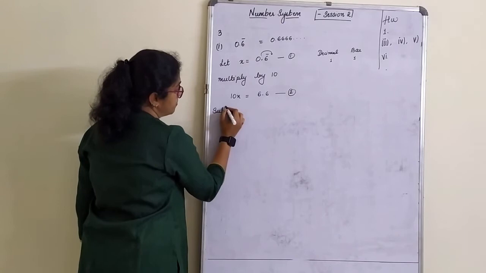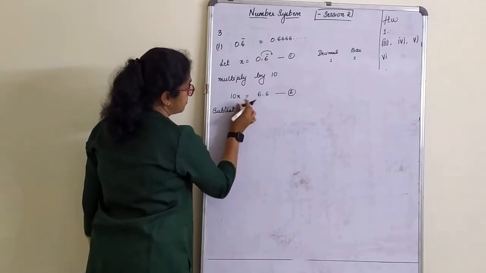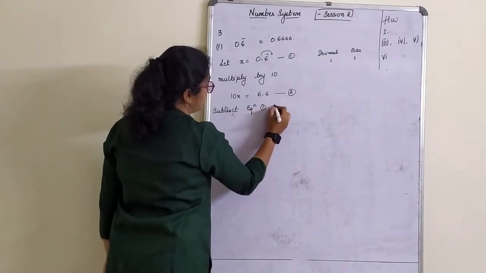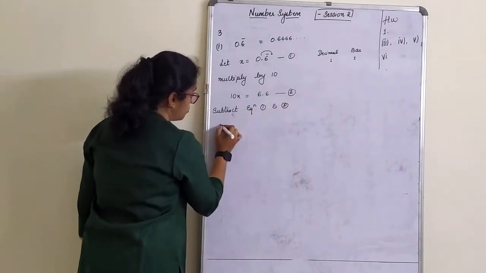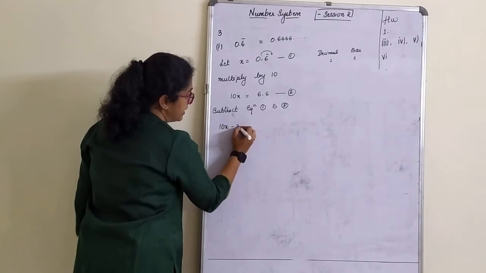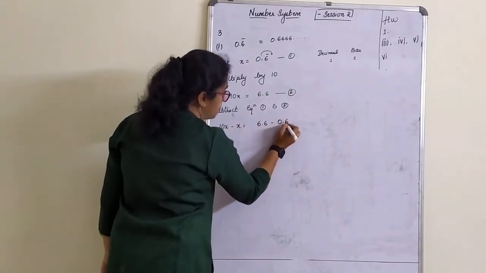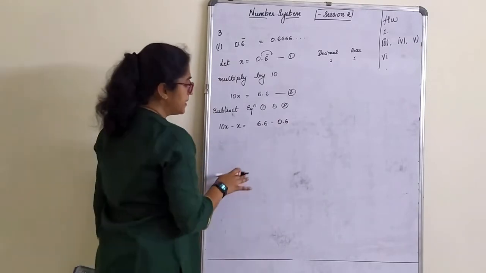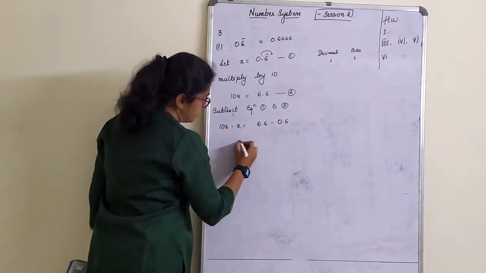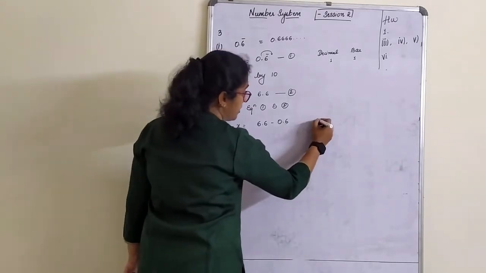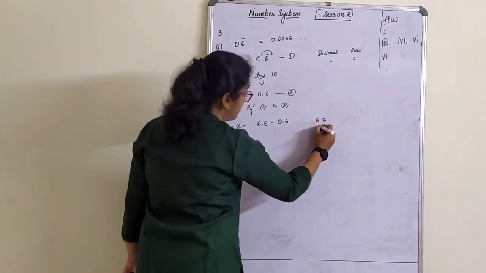Subtract equation 1 and 2. So 10x minus x is equal to 6.6 minus 0.6 bar, keep it as this. 10x minus x is 9x. 6.6, decimal subtraction, be very careful.